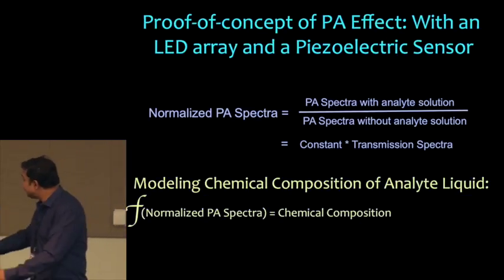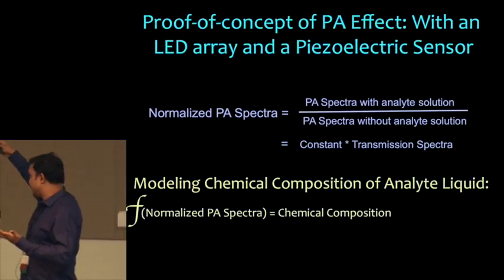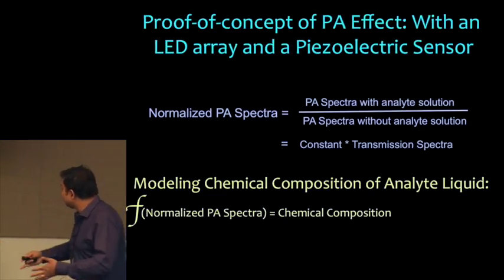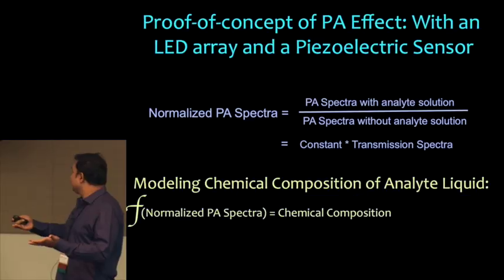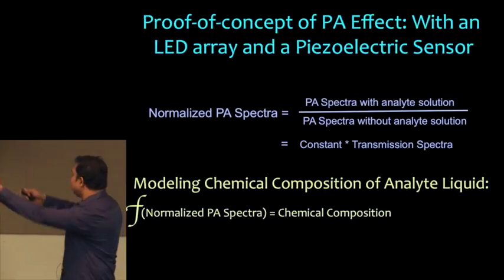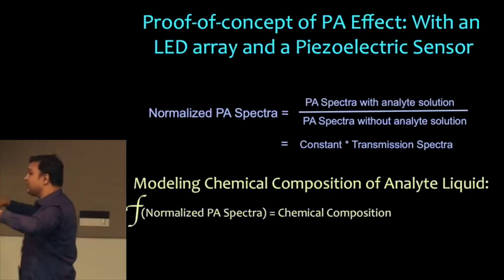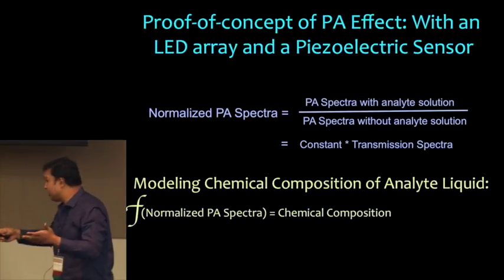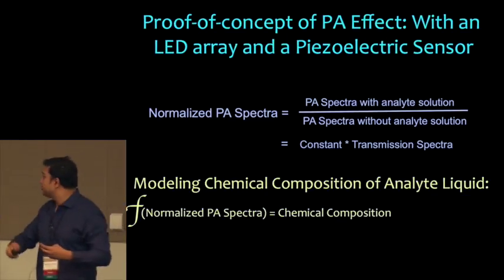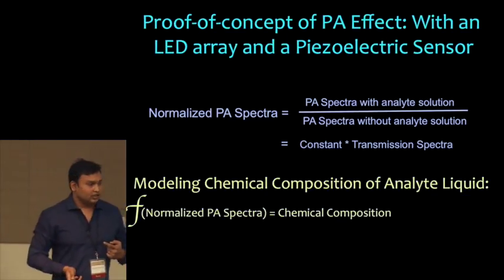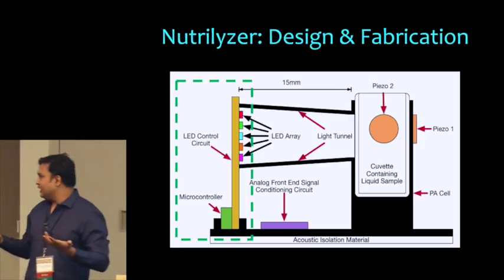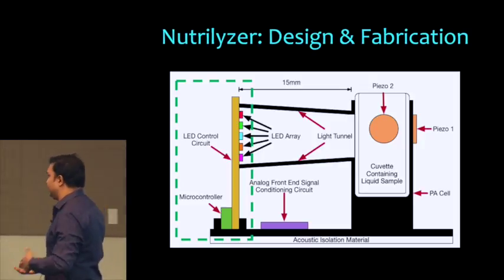We can quite easily extract the transmission spectra by normalizing the photoacoustic spectra with the analyte solution, dividing it by the photoacoustic spectra without the analyte solution. Essentially, our hope is that the normalized spectra will contain enough information so that we can map it to the target chemical composition. So this has been the basic physics behind the paper that I'll be presenting today.